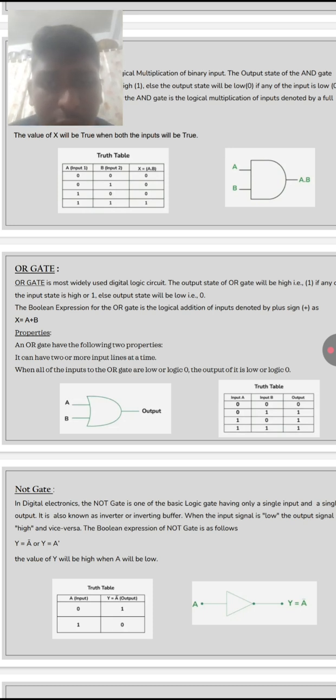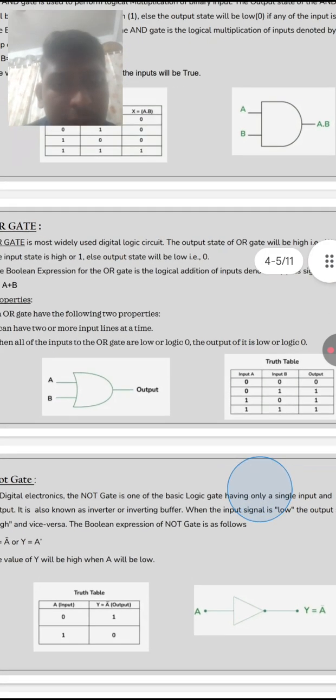The OR gate has the following two properties. It has two or more inputs at a time. When all of the inputs of the OR gate are low or logic 0, then the output of it is low or logic 0. Now we can see the truth table.